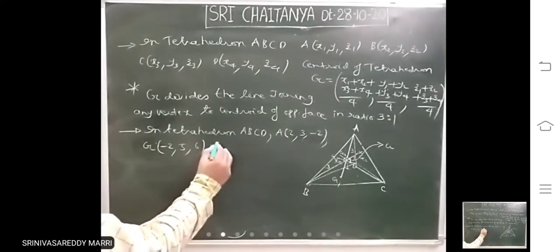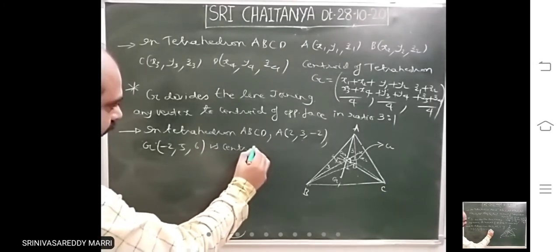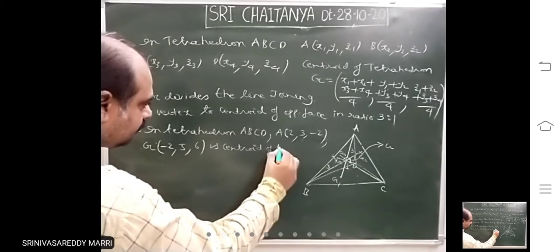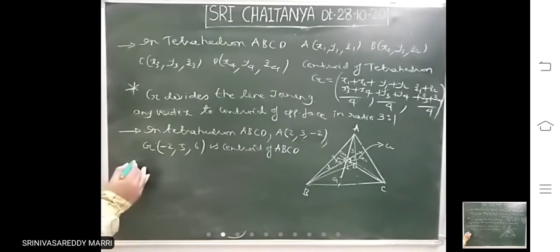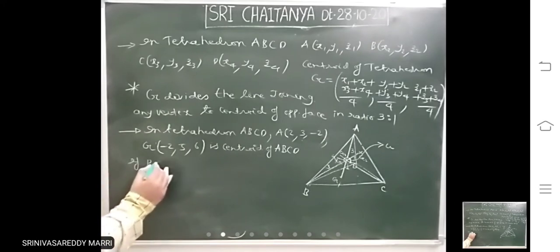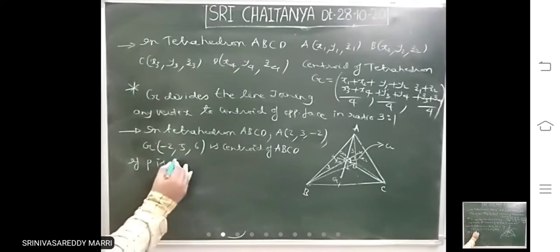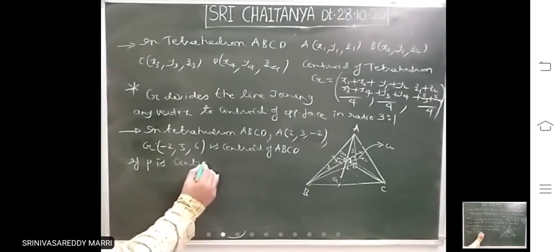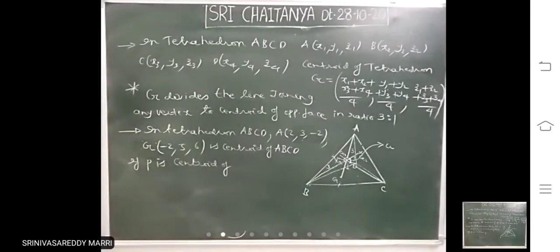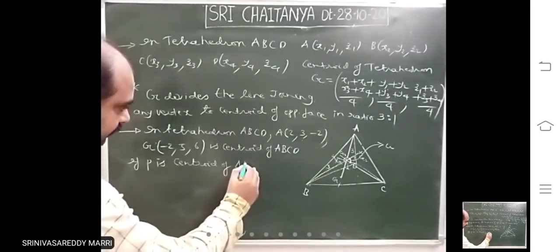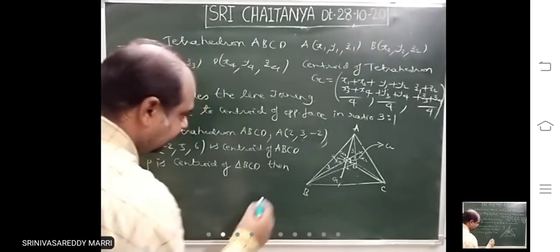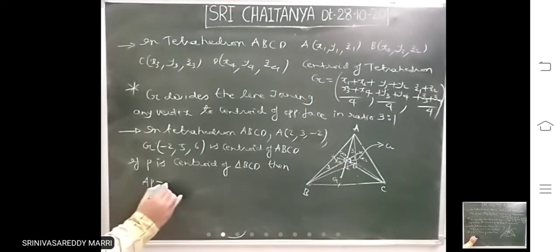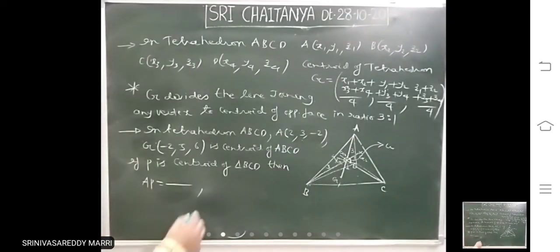This is the tetrahedron centroid. He is telling that if P is the centroid of triangle BCD, then he is asking for AP equal to dash, and P point equal to dash.